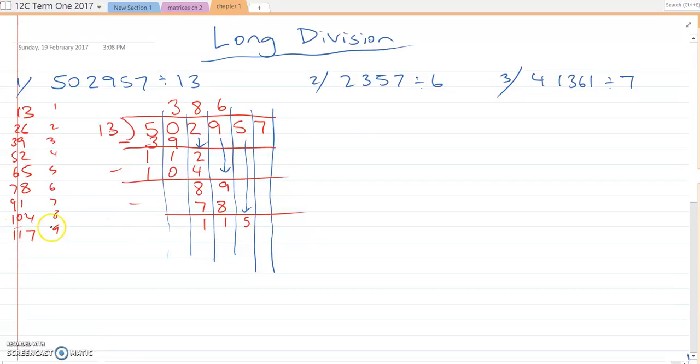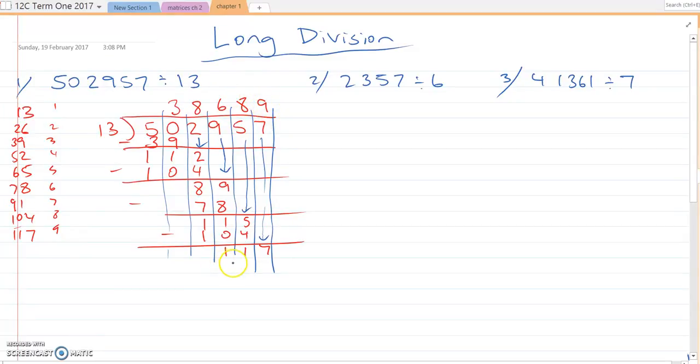Okay, 115 goes 8 times. 8 times 13 is 104. Minus that, now the remainder is 11, and we drop the last number down, which is the 7. Okay, and looking here, bam, 117 is an exact multiple.